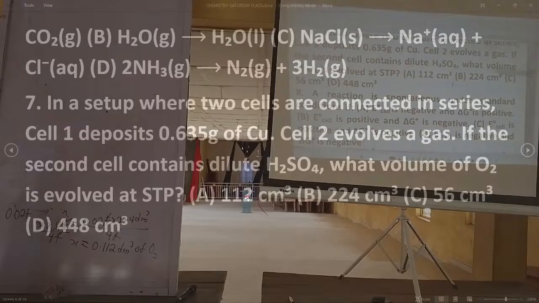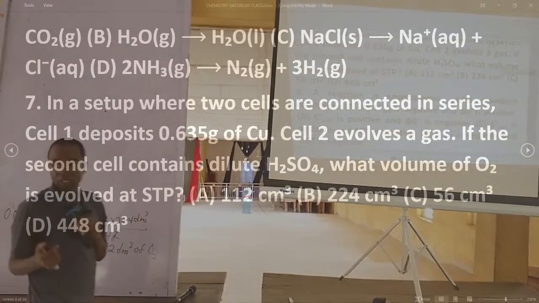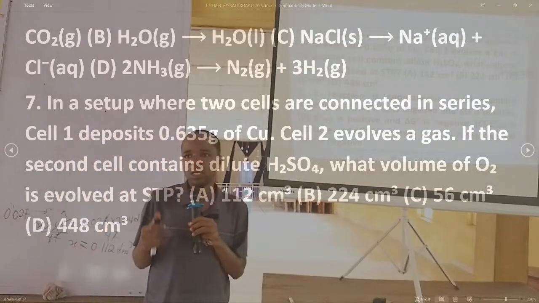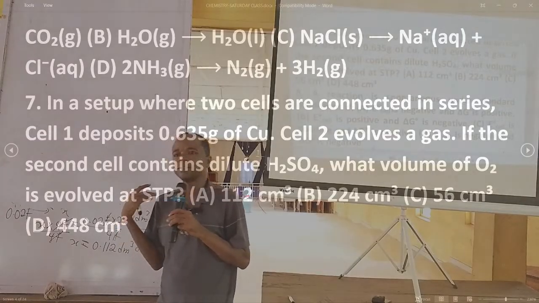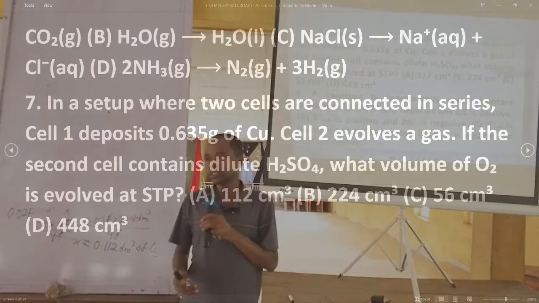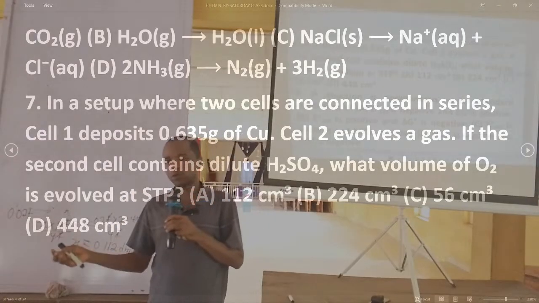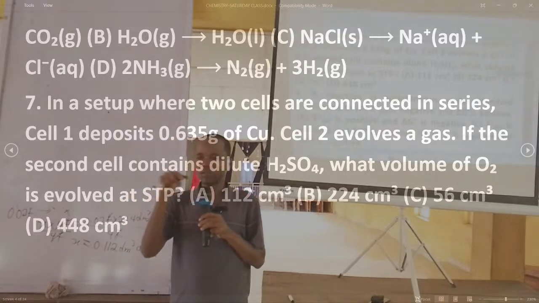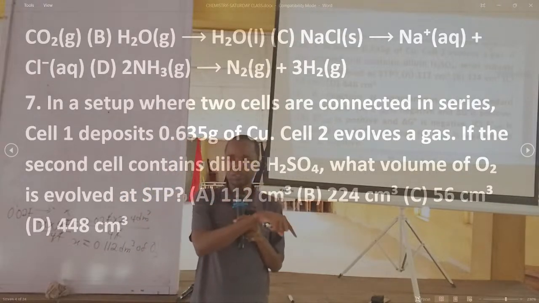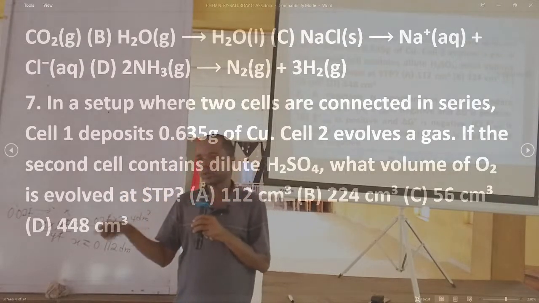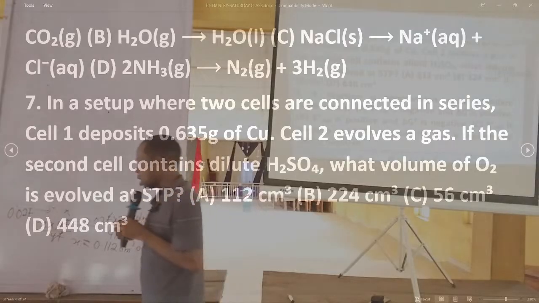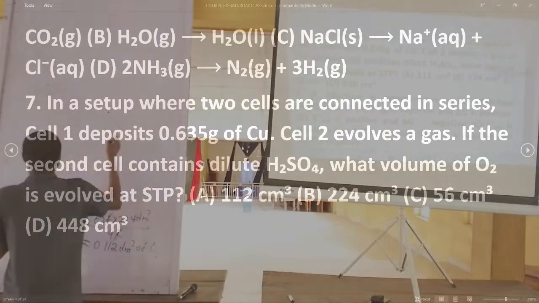Remember the last time when I was defining Faraday's second law of electrolysis, I told you it can be defined as: when the same quantity of electricity passes through different electrolytes, the number of moles of the element discharged or deposited is inversely proportional to the charges on them. I can write that mathematically like this.